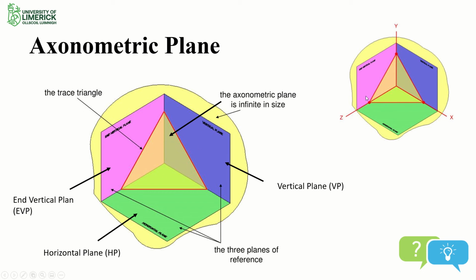Additionally, I want you to take note of the 3 different axes that are talked about when completing these types of drawings, which is your y-axis, your z-axis, and your x-axis, as you can see here. And they're all traveling from the central point here where the 3 planes meet.